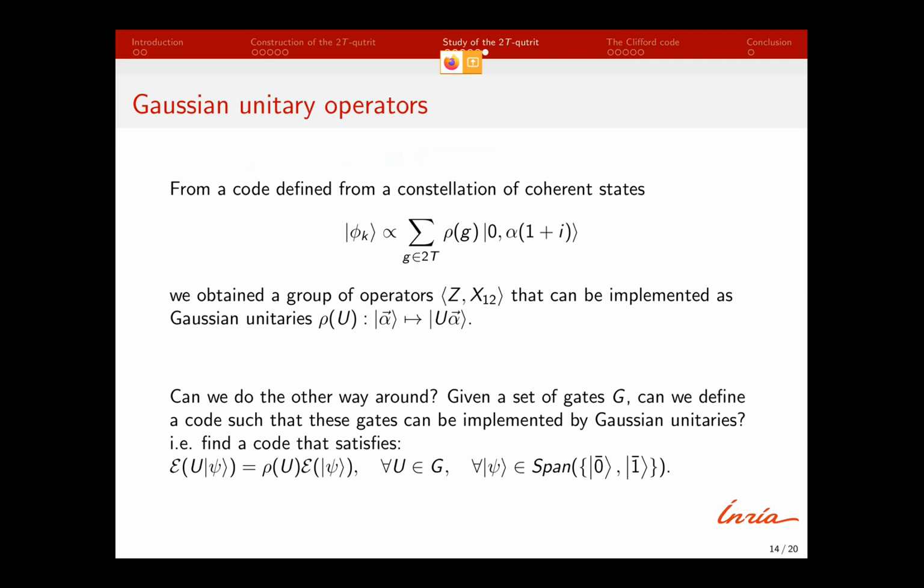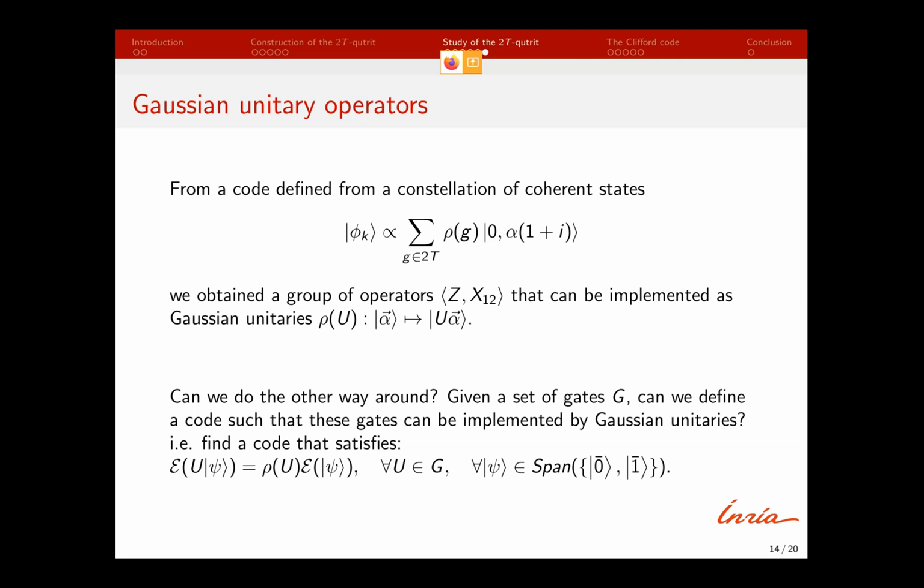And just as a transition to the second part, we can also rewrite the states of the 2T-qutrit. Instead of having the elements of the group appearing in the states, you can just take an initial state and then apply some Gaussian unitary corresponding to the elements of the group to get the constellation of different states.